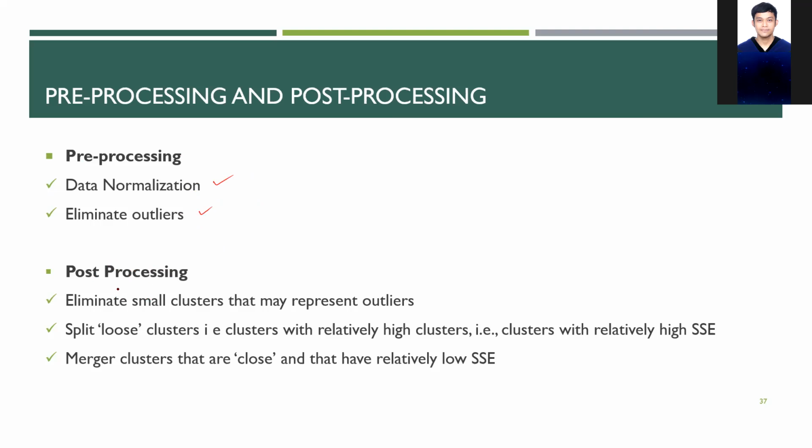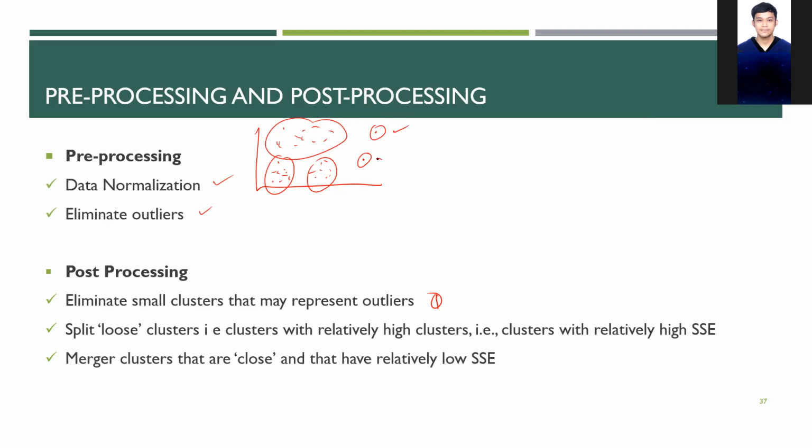we can eliminate some small clusters that may represent outliers. So for example, this is the clustering result: one cluster, one cluster, one cluster, but we have one more cluster. And this situation always happens. We always have 2 small clusters.